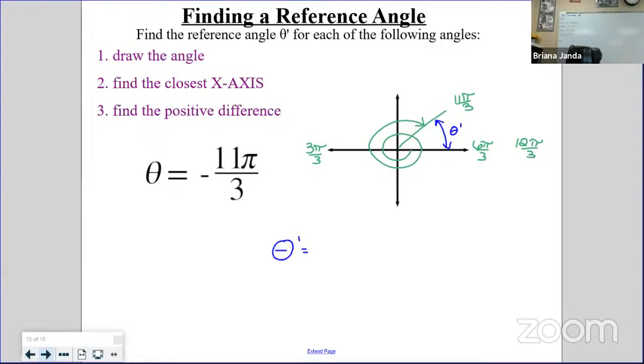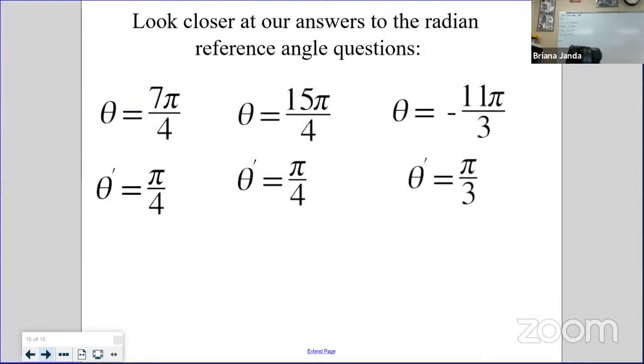Okay, glance back over all your radian ones. What do you notice about all your answers to the problems we did with radians? Pi over the denominator. Yeah? I'll show you. These were our answers to the ones that had radians.